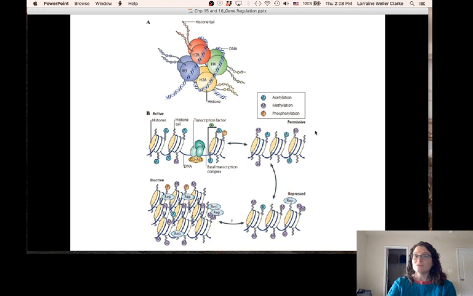So we have active. Permissive can be transcribed, but is not transcribed as much. Repressed, very little acetylation, more methylation, and then the inactive is phosphorylated to basically make these histones group together, and now you have a very tightly coiled and tightly bunched segment of chromatin. So this is the whole process of chromatin remodeling.